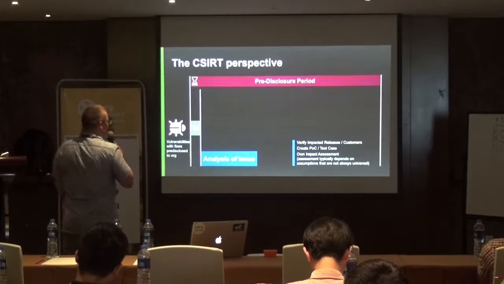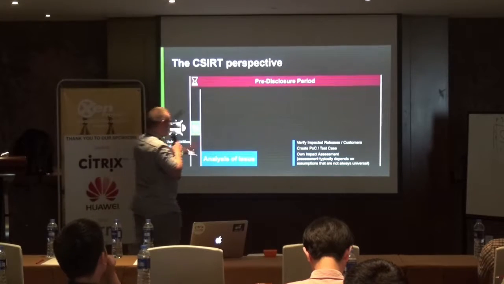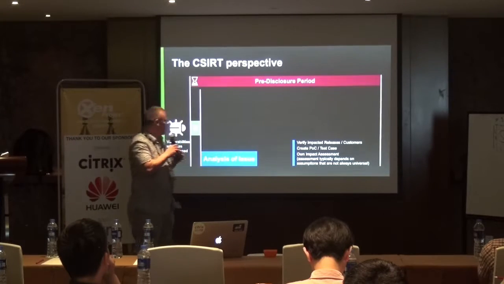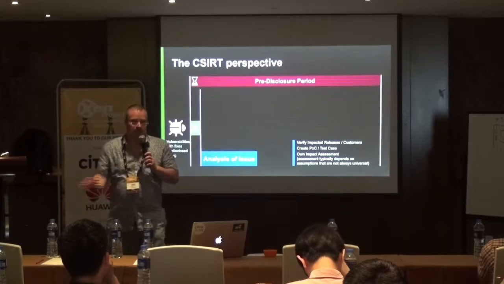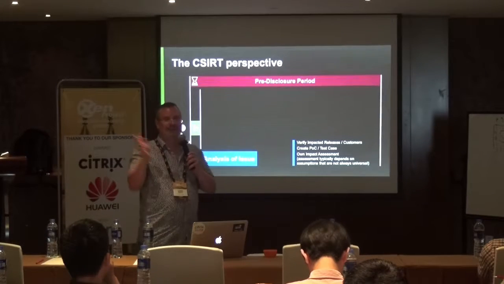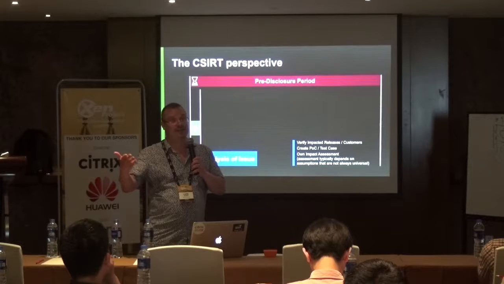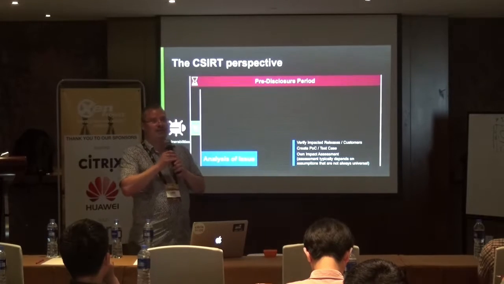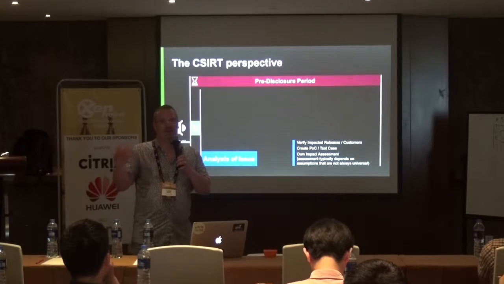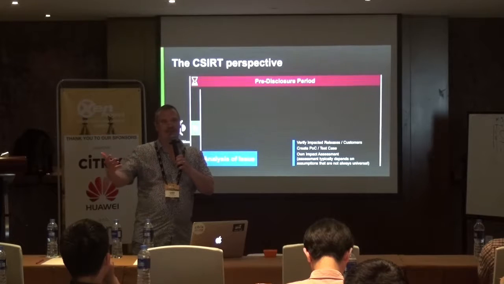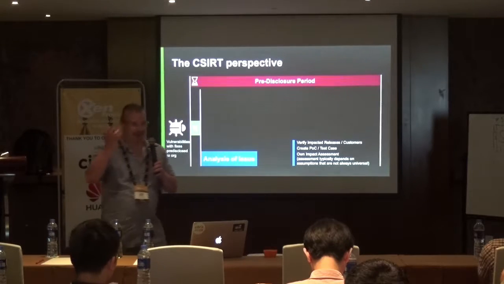We'll also obviously analyze the issue, so that's all pretty much what we had before. So there's no change. The main difference is that obviously now you're working against the clock, whereas beforehand, you may have had the opportunity to negotiate with the discoverer how much time you have, and maybe even pay them some money to give you more time and whatever.